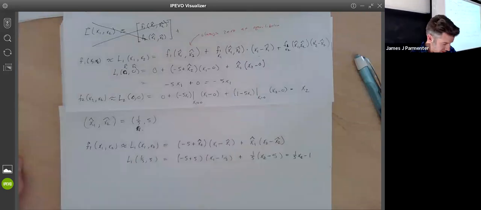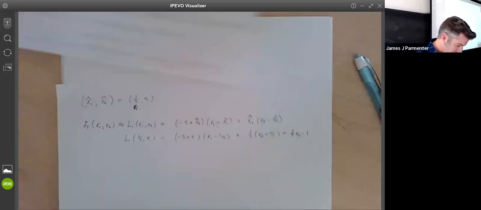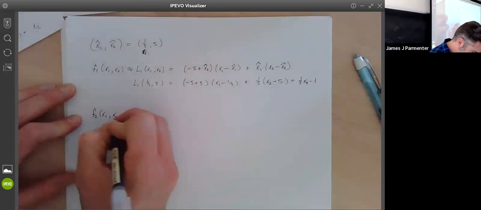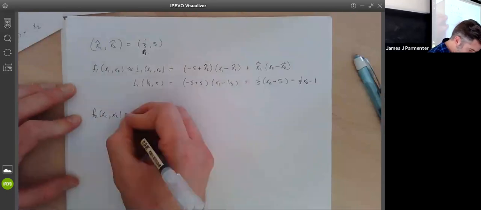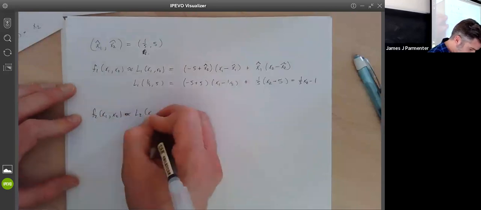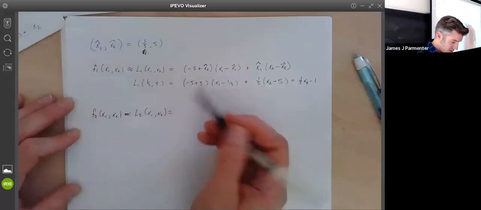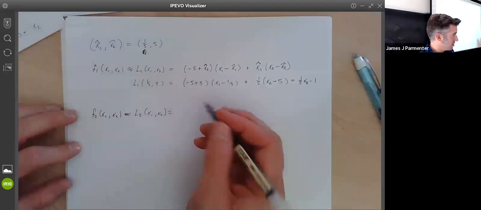Wow. Okay, let's do the other one. So f2 of x1, x2 is approximately L2 of x1, x2, which is again, I'm going to write the formula again just to remind everybody what it is.